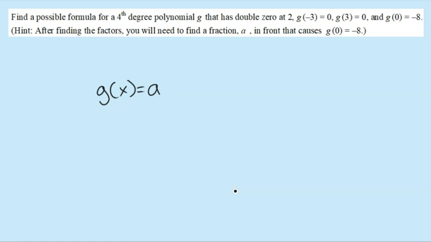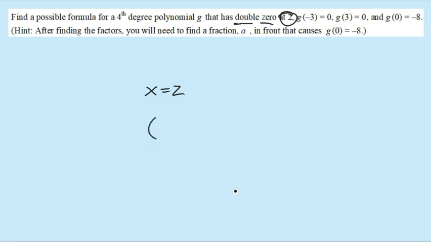Okay, all right, so let's go back. What do we know about this polynomial? It has a double 0 at 2. When it says at 2, it means at x equals 2. And when it says double 0, it means that 2 is a 0 twice.